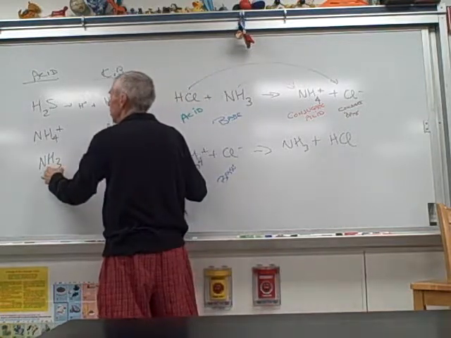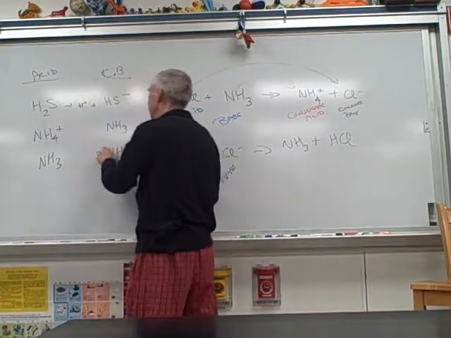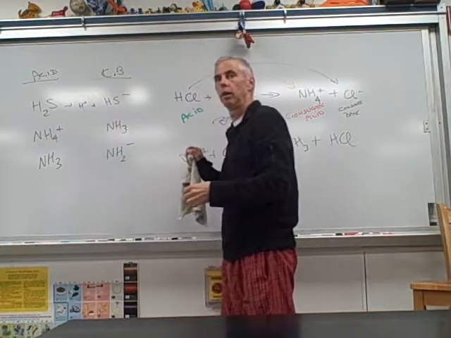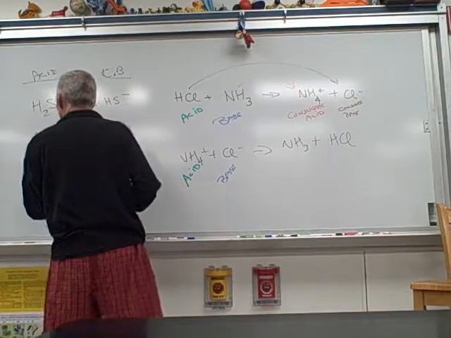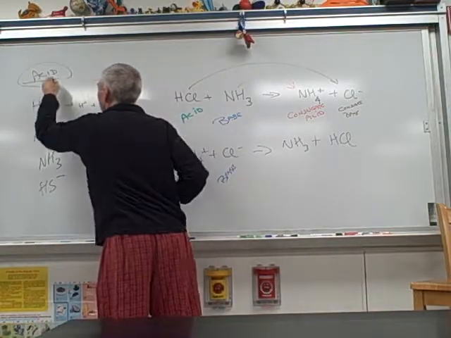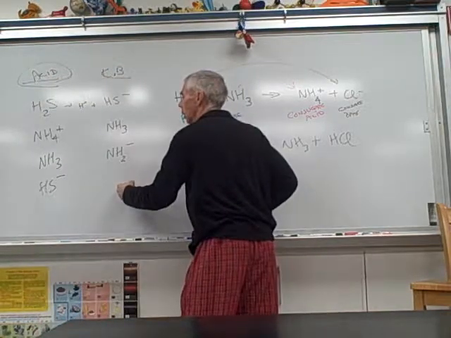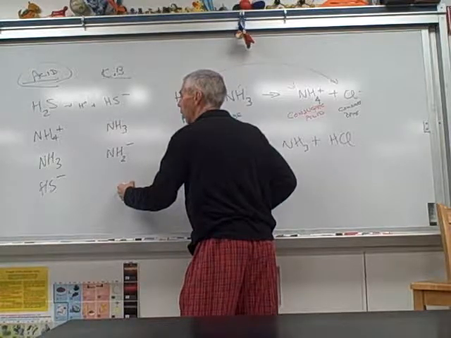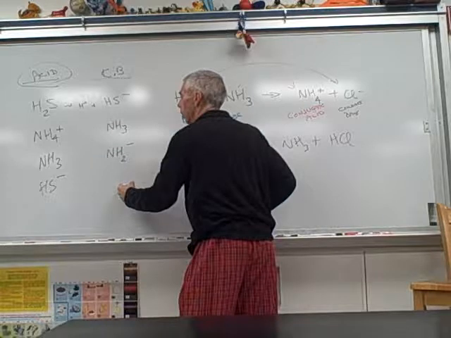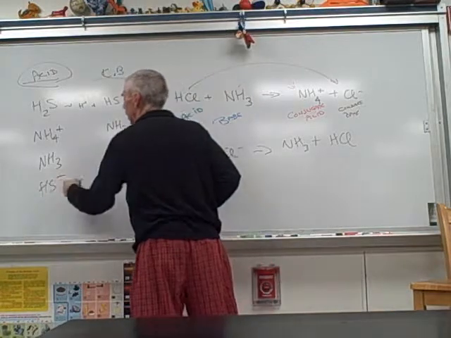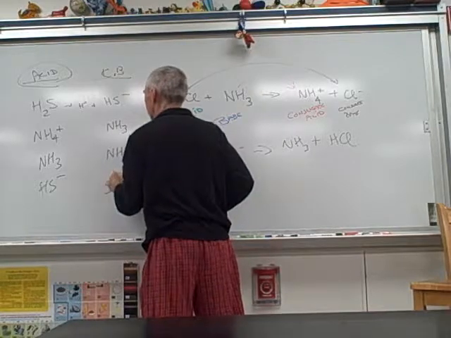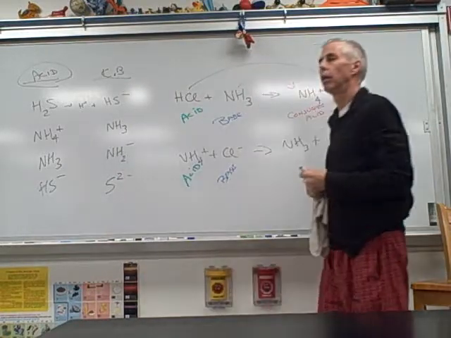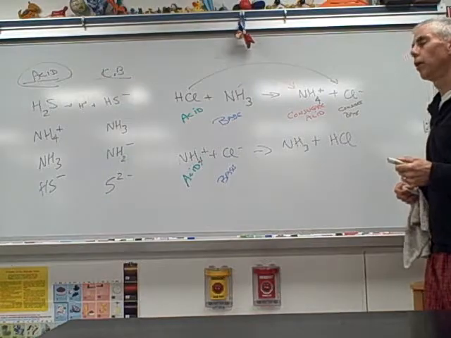This one was neutral, it's lost one positive charge, it's now negative. If I were to do HS minus as the acid, what's its conjugate base? Lost one H, lost one charge. S 2 minus. Comprenez-vous?